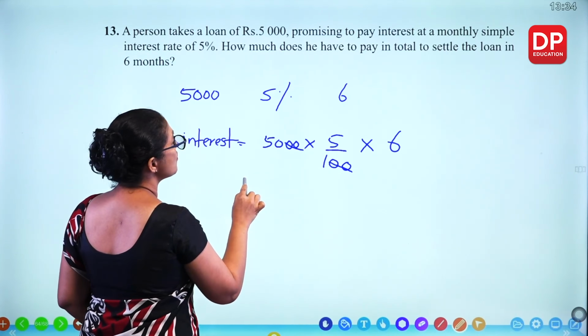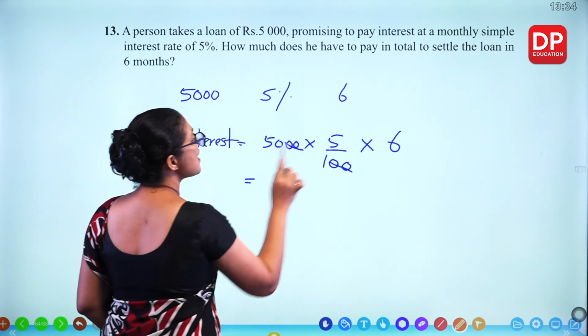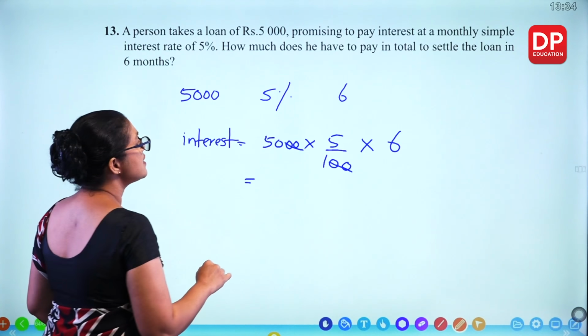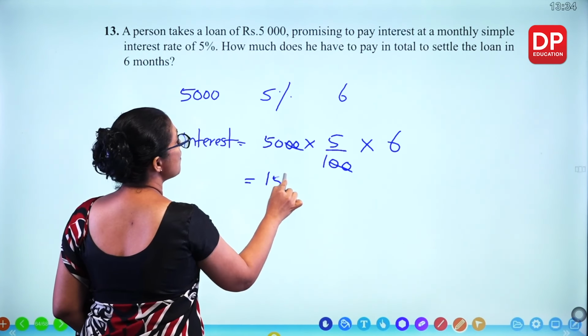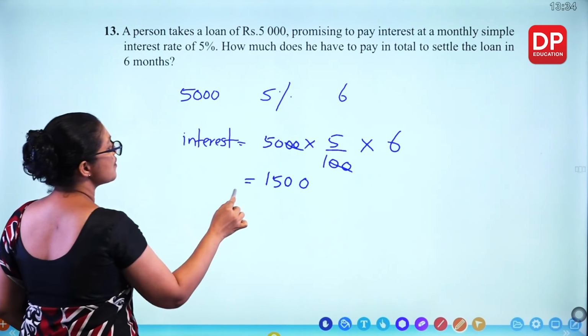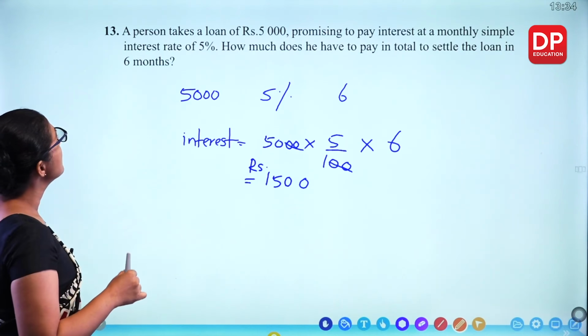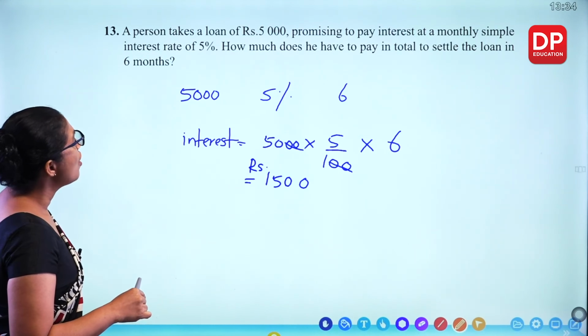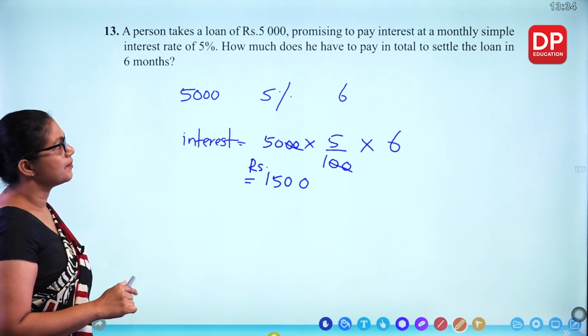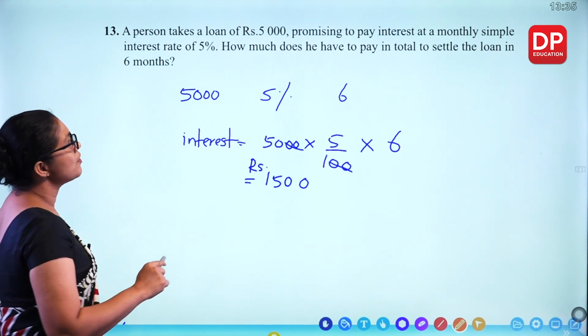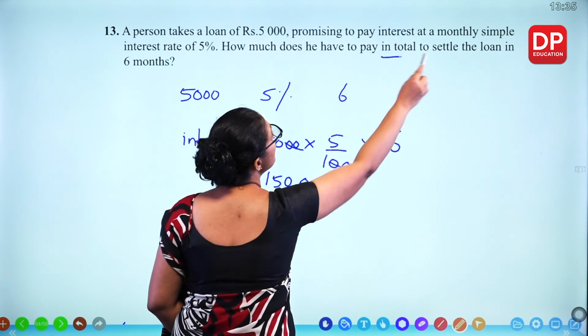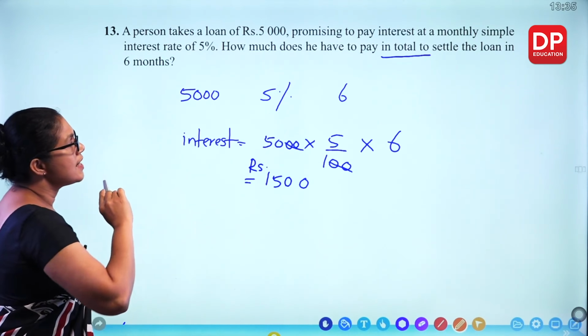2 zeros, you get 6 times 5, 30. 30 times 5 and another 0. So 1,500 rupees you have to pay for 6 months. So this is the interest. But we want to find out the total amount that he has to pay.